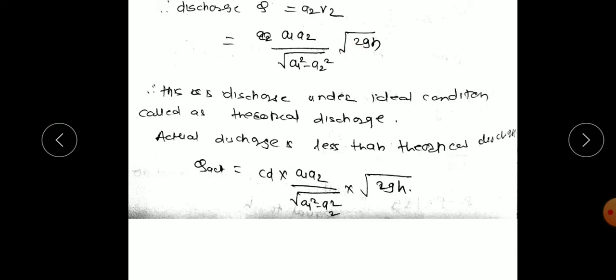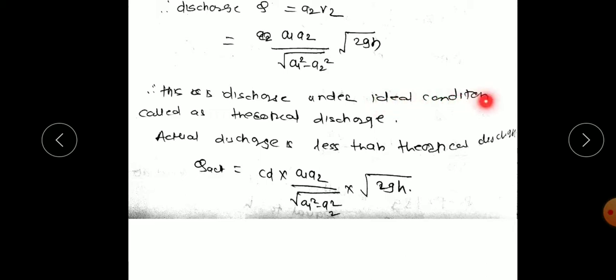This is called the discharge under ideal conditions. Ideal conditions means we assume the fluid is frictionless, there is no friction or viscous flow, and the flow is laminar, not turbulent.